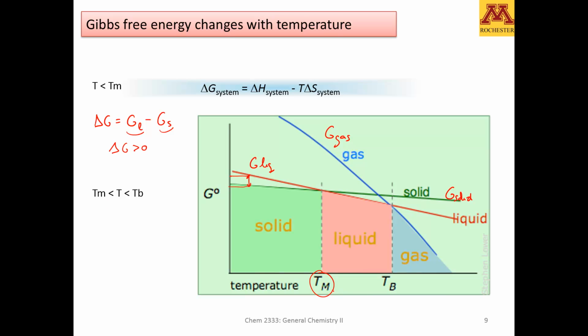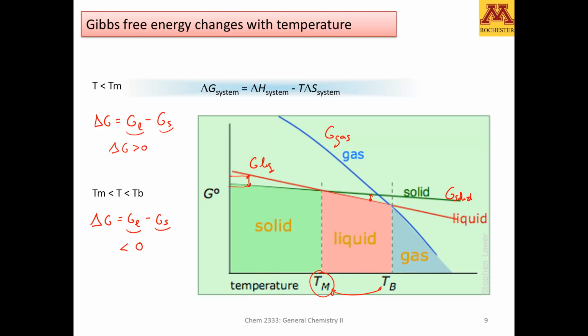At the temperature between these two, notice that now there's been an inversion of numbers, so still the liquid minus the solid. Now the Gibbs free energy of the liquid is smaller than the Gibbs free energy of the solid. Suddenly this means that the process going from solid to liquid is spontaneous.